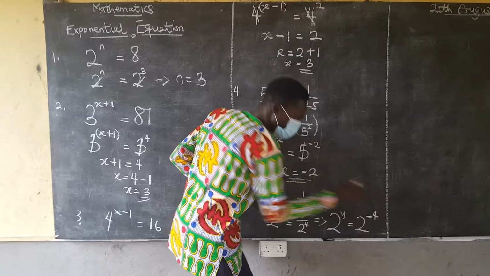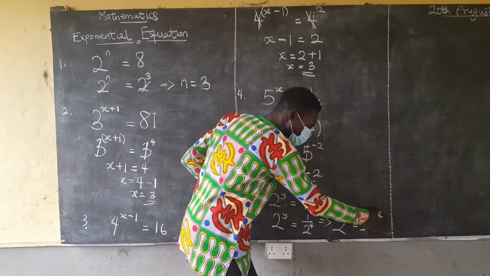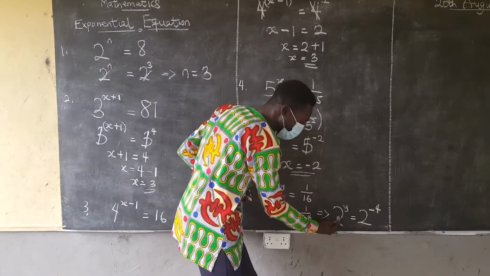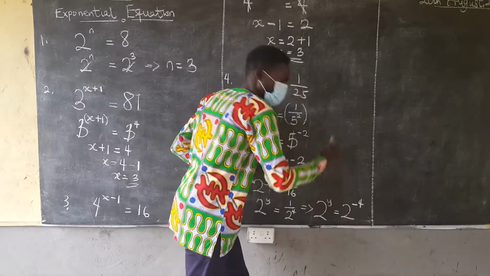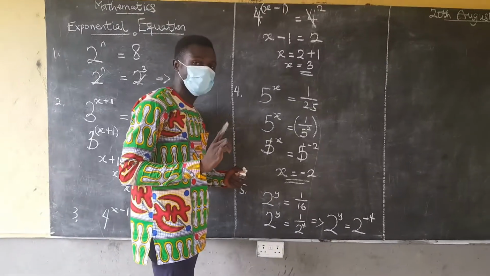So immediately I change this one into this. We can see that the bases now are the same. If I want to read this one, I'll say 2 raised to the power negative 4, because a power can be negative, not only positive.